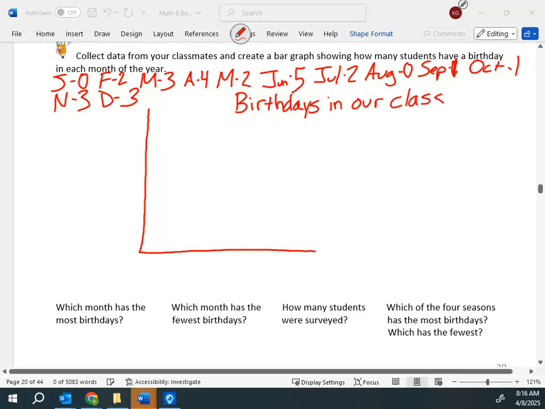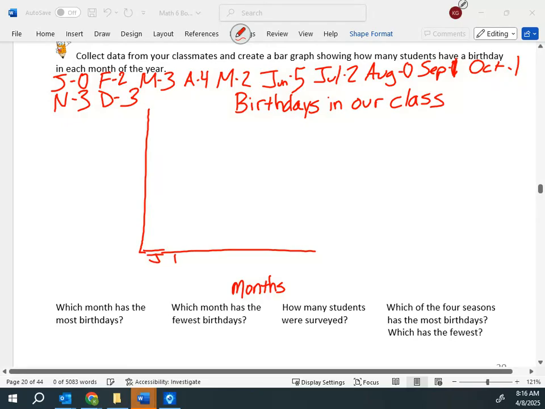What are we going to put on the x-axis? What should we put down there, Emma? Months. And then we're gonna actually put our months. September, no, not September, January. The year starts in January.